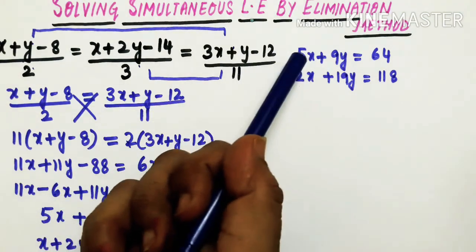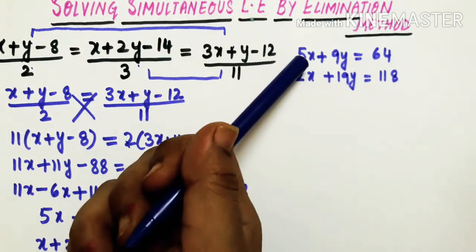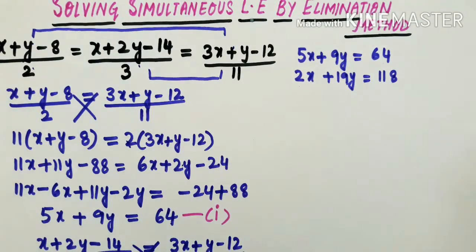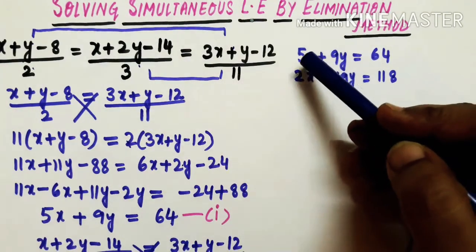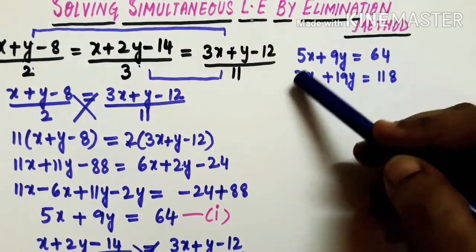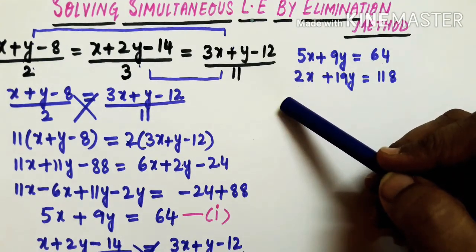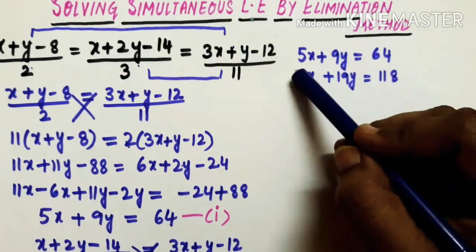Now if we eliminate this unknown x, then what to do? You need to make these coefficients equal. These coefficients are 5 and 2, so let us make them equal, then in that case you can eliminate it.